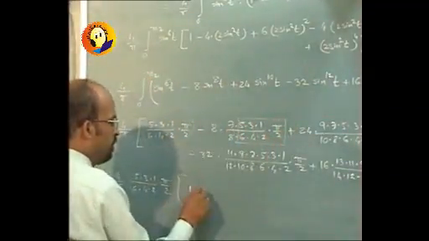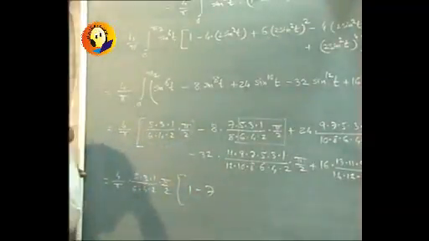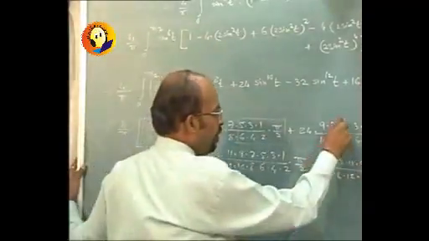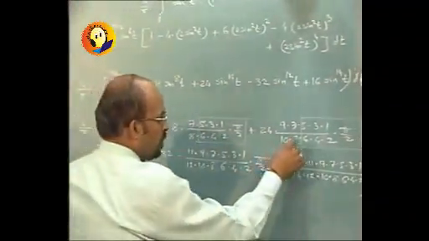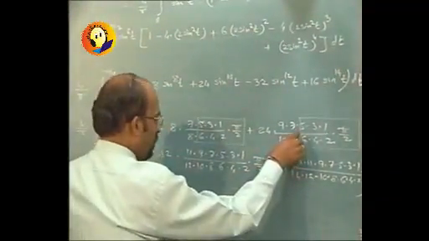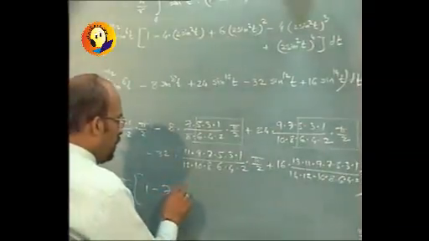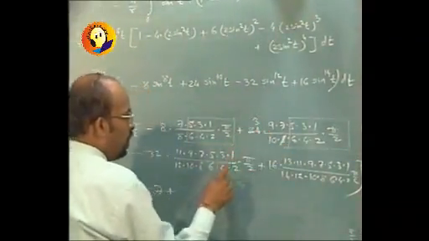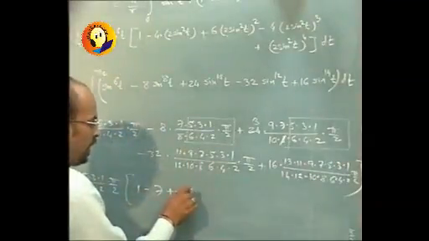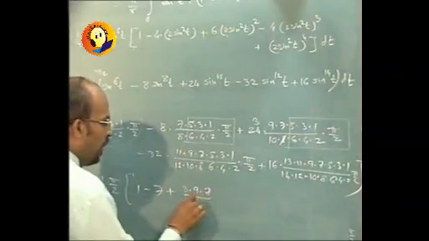So this can be simplified as minus 7. In the second term, this is taken common outside, and so it can be simplified further. It comes out to be 3 into 9 into 7 upon 10.